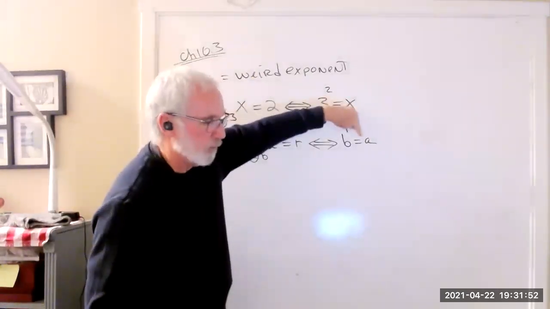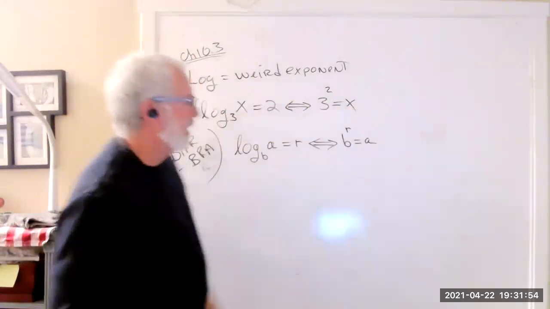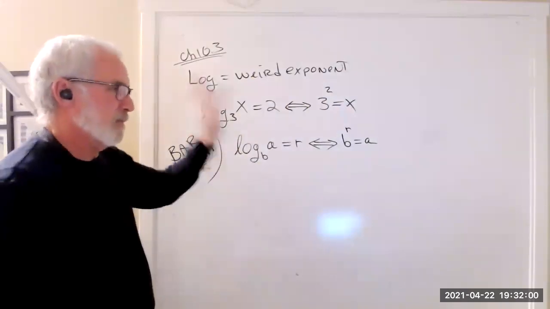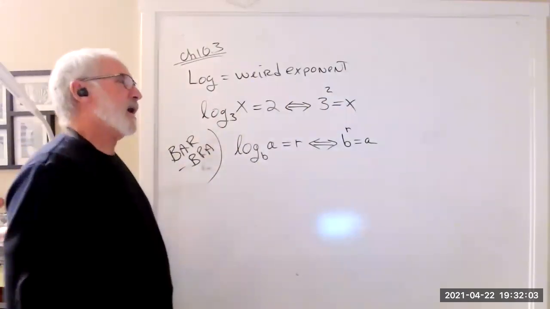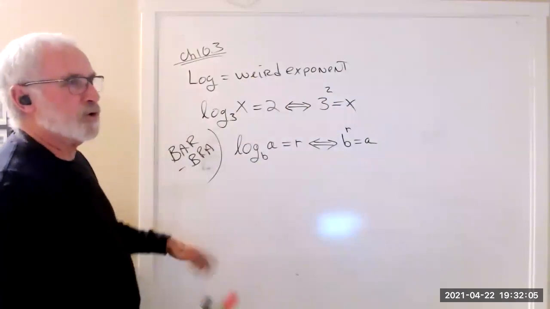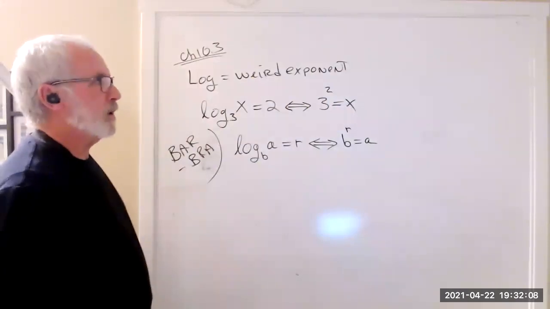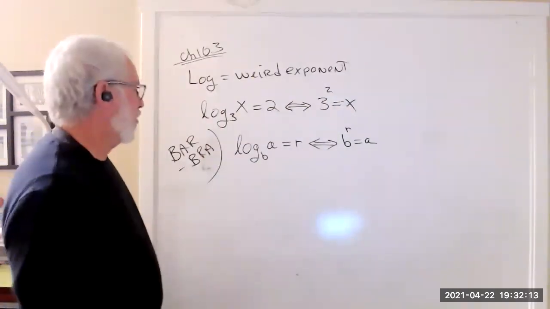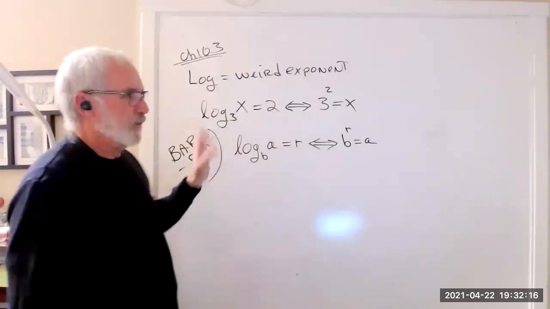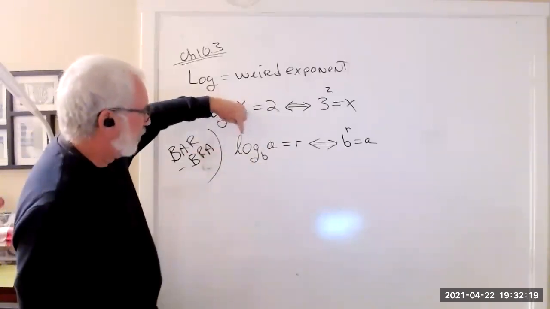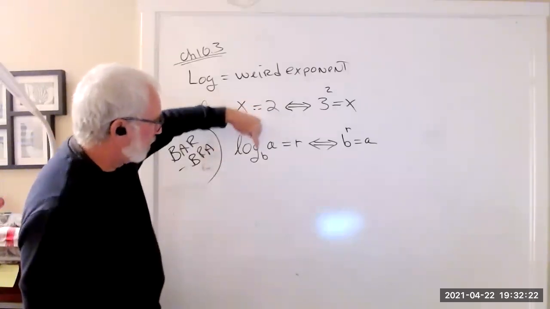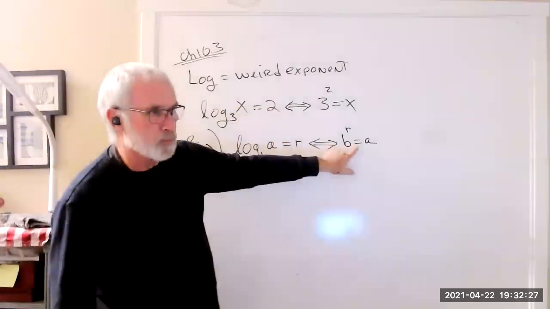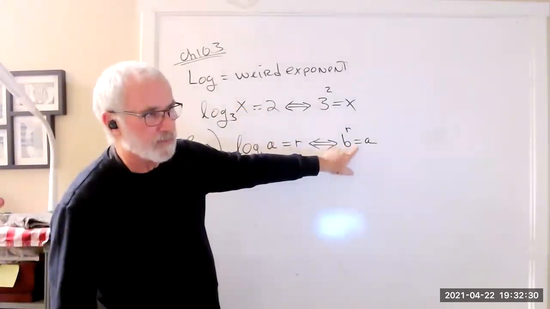B to the R equals A. Mostly because I don't want to get fired anymore. Makes sense. I had a long story that once upon a time was cute and funny and relevant, and now I can't tell it because I'll get sued. But the gist of it is, if you start with log base B of A equals R, you start with bar, you can end up with bra, B to the R equals A.